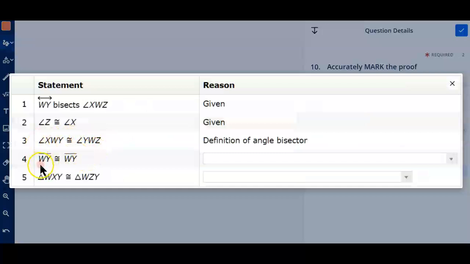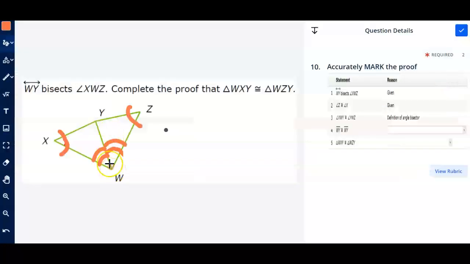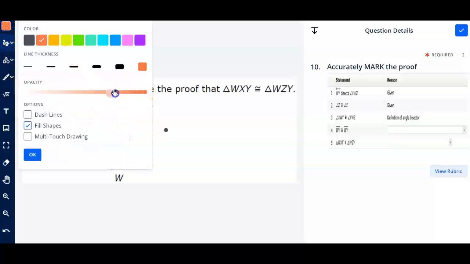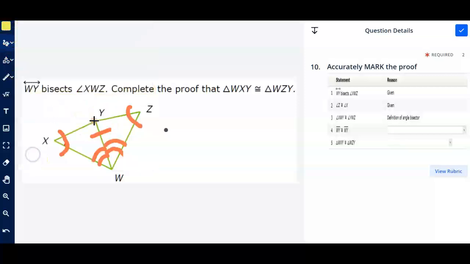And then number 4 is segment WY is congruent to segment WY. So segment WY is congruent to itself. Do a single tick mark. Then looking at this triangle, and maybe just looking at one of the triangles, evaluate how many side pairs do I know? 1.